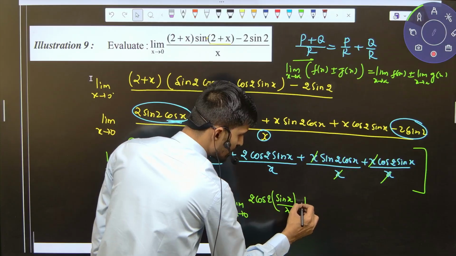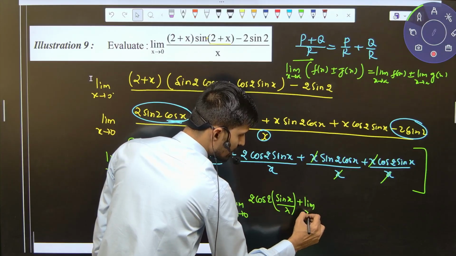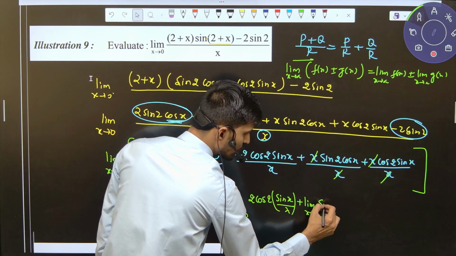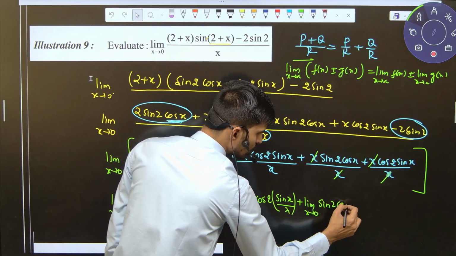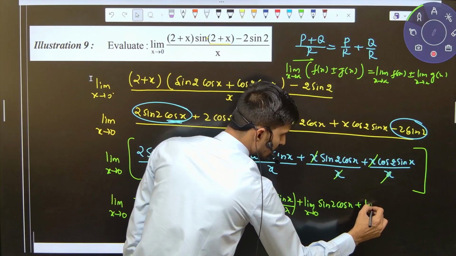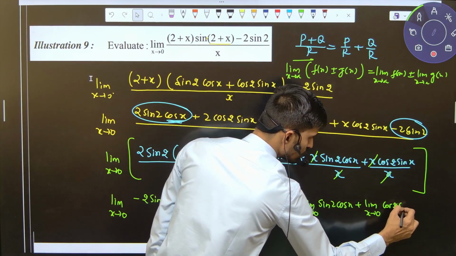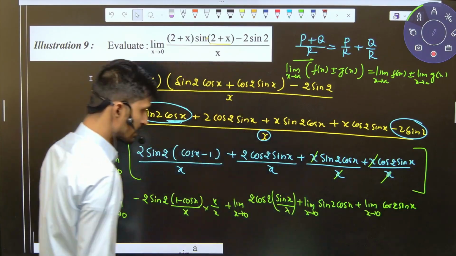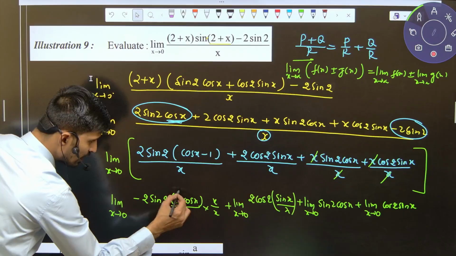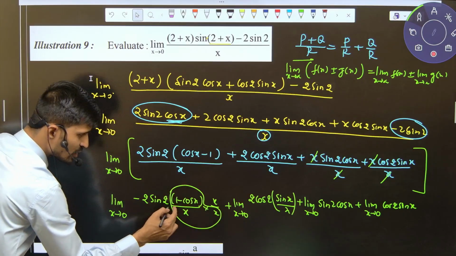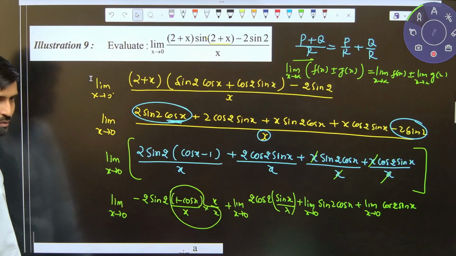And here this x will get cancelled. I will write simply plus limit x tends to 0, sin 2 cos x plus limit x tends to 0, cos 2 sin x. Now, 1 minus cos x by x square will become 1 by 2.